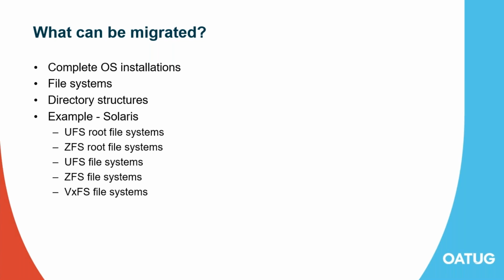You can pick up file systems, like mount points of your physical disk space, things of that nature. Even directory structures that are taken out of the legacy OS, for example, migrating opt or var, those kinds of things.